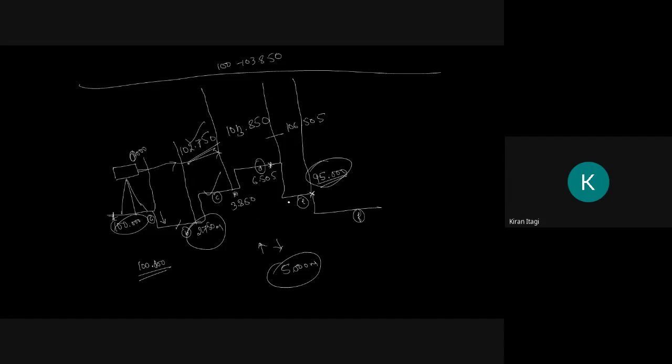If it is negative, it will be a fall. We will see rise and fall. But again, when I kept my staff here, after doing all the calculation, I have got 93.000. Then what is the level difference between the datum and this point? It is 7 meter. So this is how we will do the calculation.